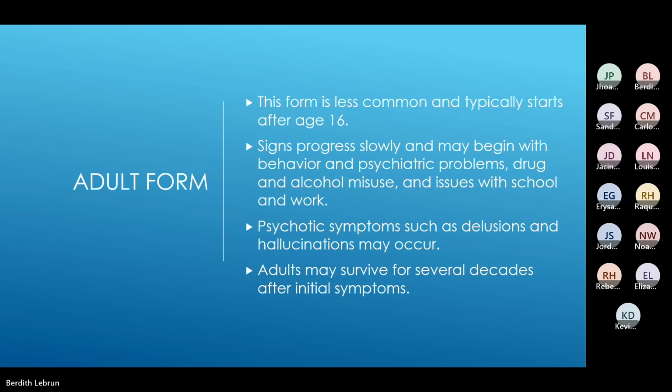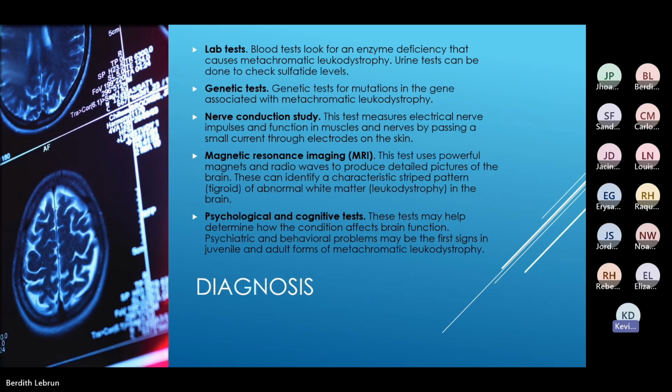For the diagnosis, doctors use lab tests. They look for enzyme deficiency. Genetic tests also look for mutations in the gene. A nerve conduction study measures electric nerve impulses and functions in muscles and nerves.